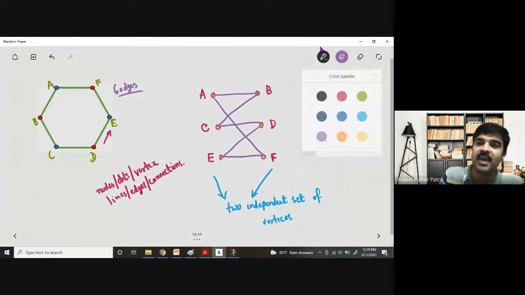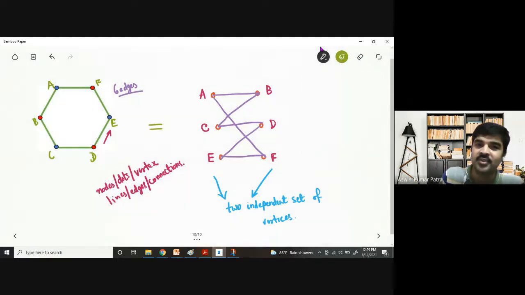I just mapped this. I want you to visualize that figure 1 and figure 2 are equivalent. And it's a 2-color problem. So whenever a graph is 2-colored, it's a bipartite graph, and it could be visualized this way, or this way.